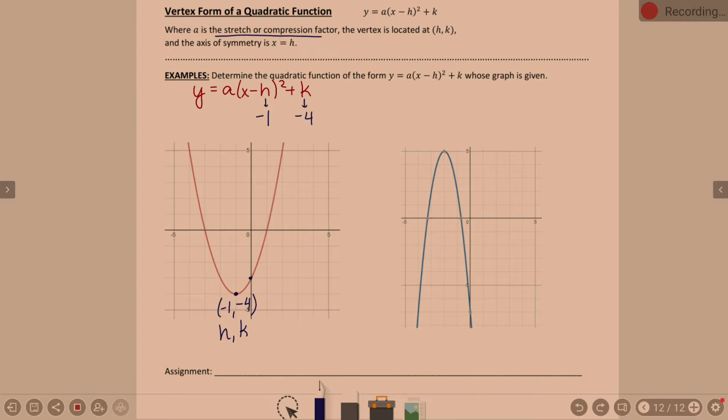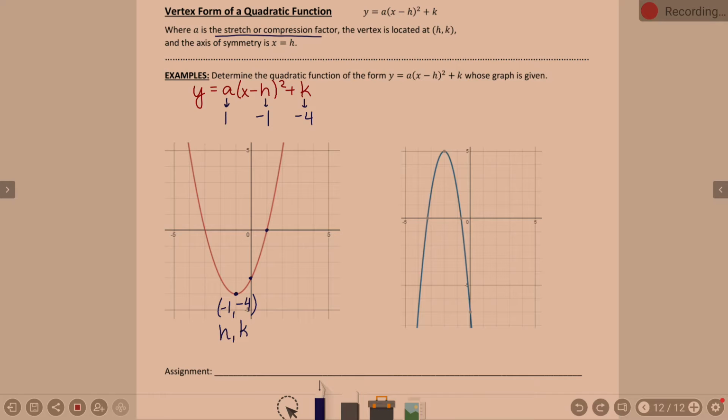It goes over 2, up 4. Are those points matching up? Yes. So what value do I use for A if there is no stretch or compression? It's just the regular everyday parabola. 1. Okay? 1 means it's just a regular everyday parabola. No stretch, no compression.